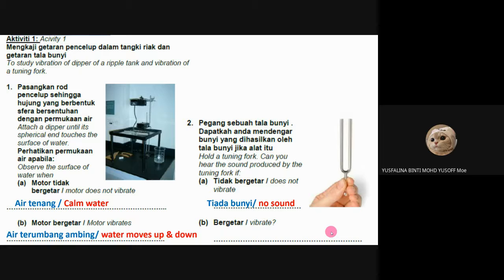It means you need air, because you need molecules to vibrate, and then they send the sound energy from one molecule to another until it comes to your ears, and your ear has an eardrum, so your eardrum will also vibrate. So the sound wave is produced by vibration. When you hold and then vibrate the tuning fork, you can hear the sound. The tuning fork will produce a sound.